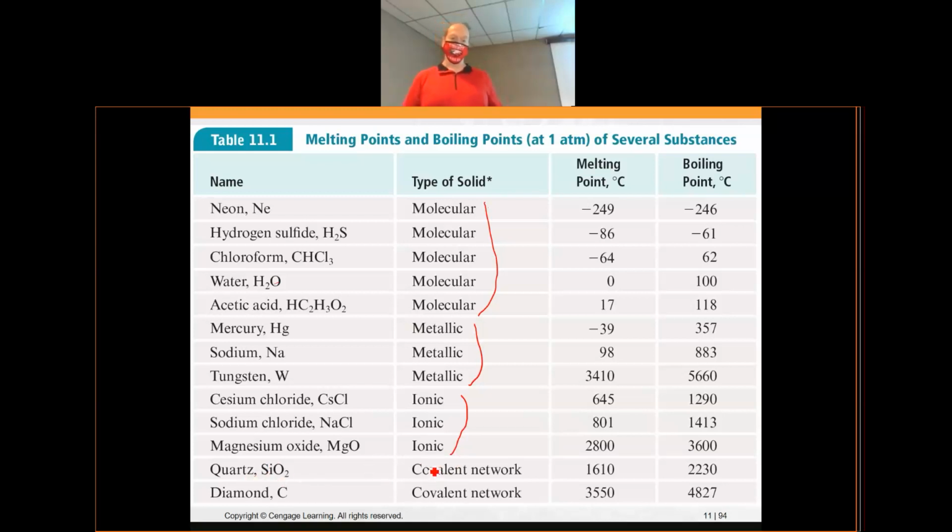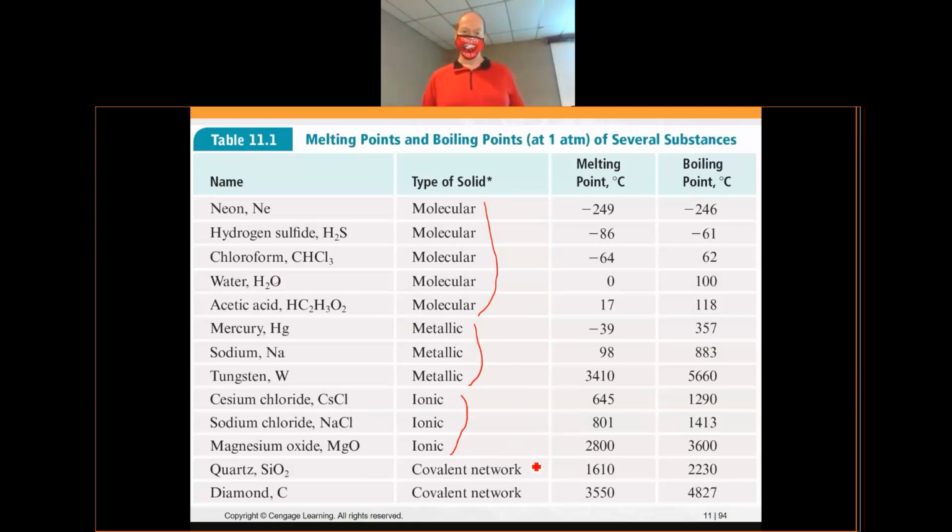That is a covalent network because there are many, many, many of them. It is not silicon dioxide, the compound. It is the polymer of silicon dioxide, and that is quartz. And also diamond. These things are very, very high melting points and very high boiling points.